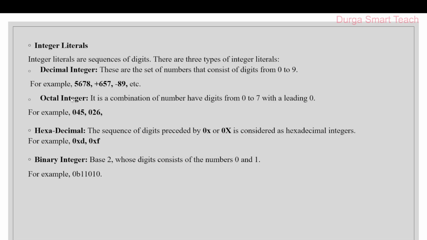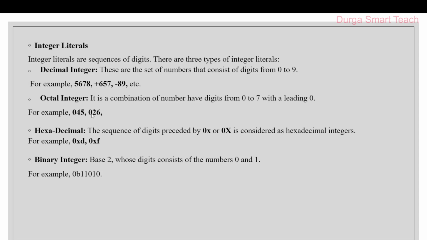The next one is octal. Octal is nothing but 8. It accepts the numbers from 0 to 7 and we need to give the prefix 0. Octal numbers start with 0. Example 045. Here 4 is under 0 to 7 and 5 is also under 0 to 7.